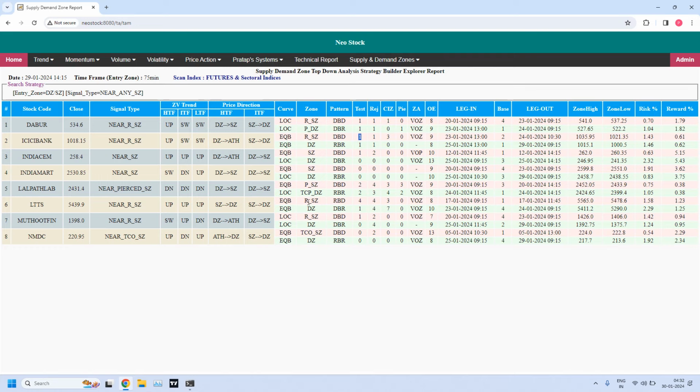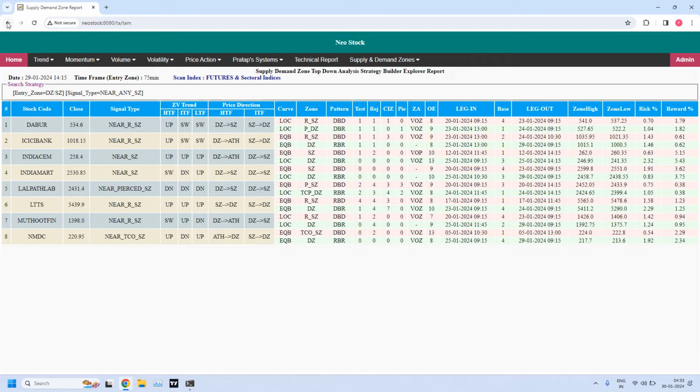Yeah, we have L&T Technology Services, LTTS. This is also a high liquidity zone, already tested 4 times. And we have Muthoot Finance also. This is tested once. So these are the high liquidity supply zones identified from this list.